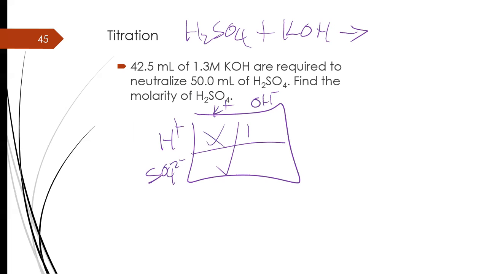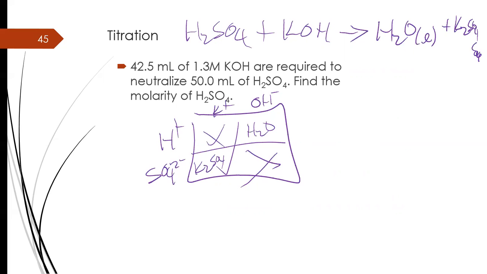H plus and OH become H2O, a liquid. That becomes K2SO4. We look at the solubility rules, and that's going to dissolve, so it's going to be aqueous. We've got to balance that, so we should get two of these, and if we have two of those, then we should get two of those.